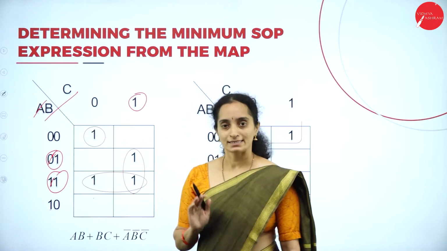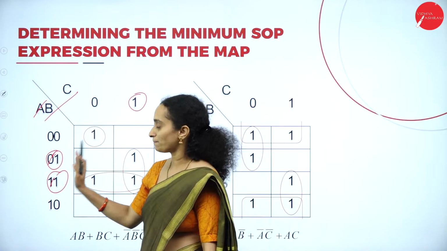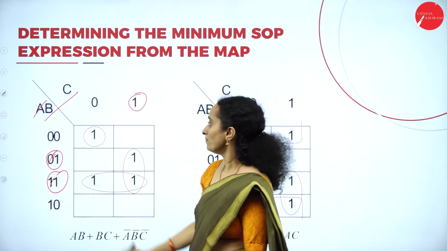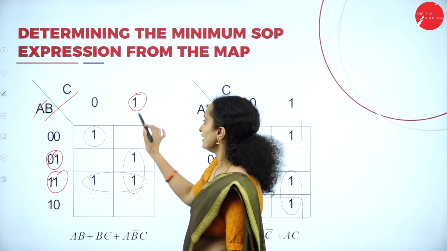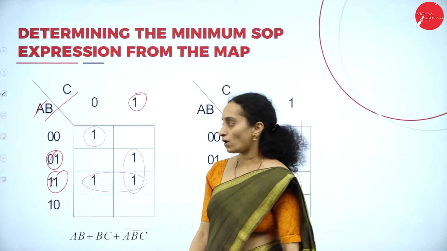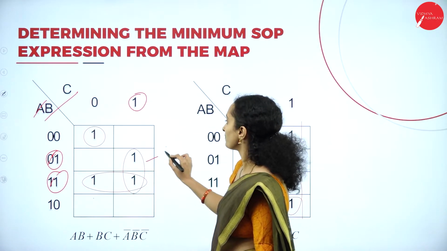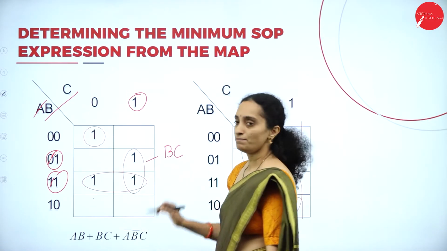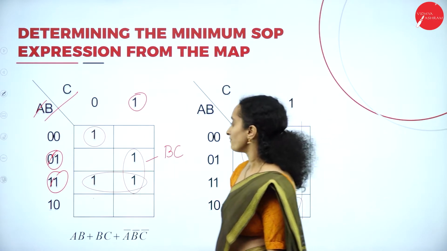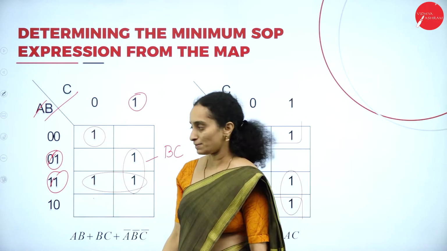B is in the same state, so B will be kept in non-complement form. Next you have C. C is in non-complement form. So the expression in this is BC.